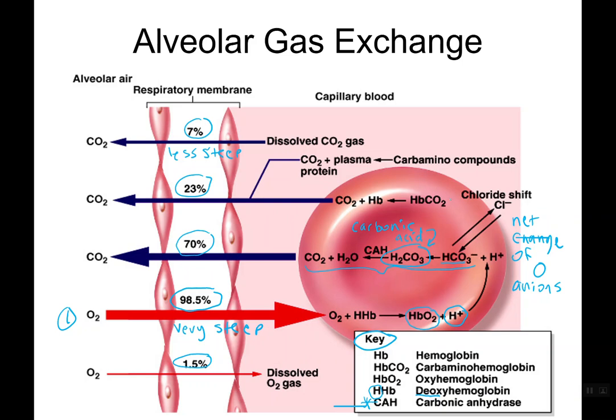Hemoglobin can also carry carbon dioxide because it binds to the surface of the protein at a different moiety than does oxygen. So they can carry both at the same time, actually.